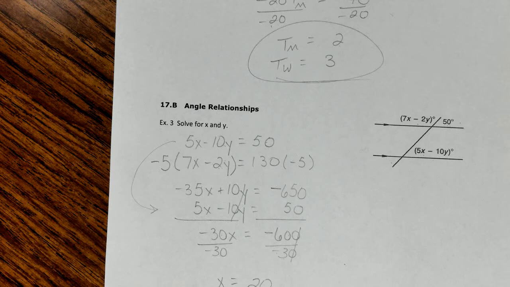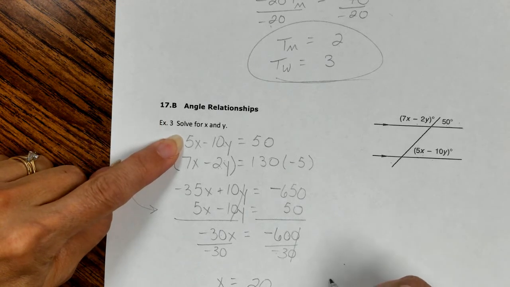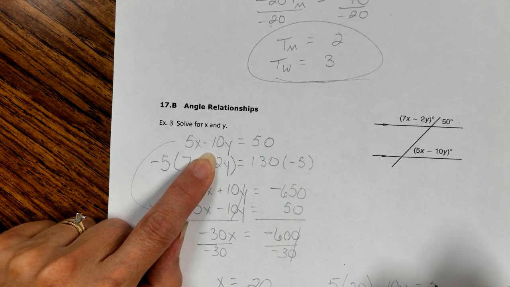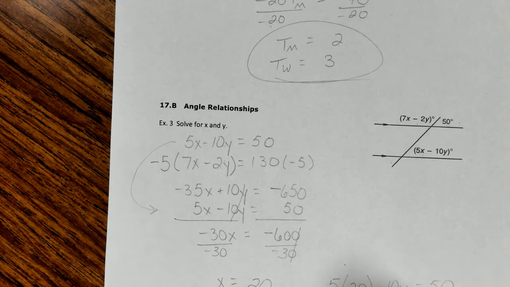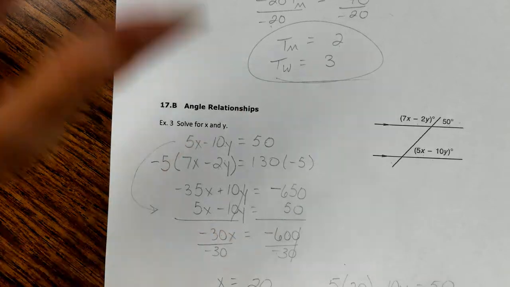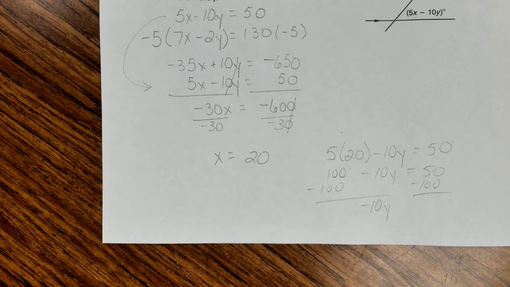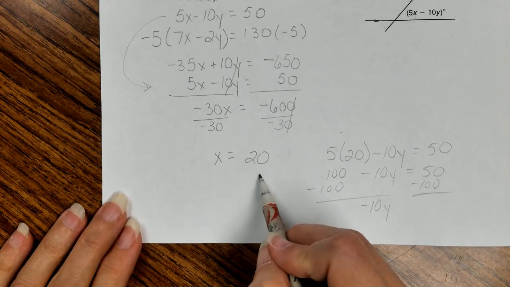So I take any of my original equations, put that 20 back in for the x. So I'll take the first one. 5 times 20 minus 10y equals 50. All right, this is 100 minus 10y. So I'll subtract 100. Negative 10y. Sorry, I think you couldn't see that for a little while. All right, so I got my x equals 20.